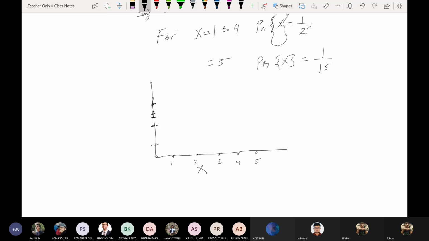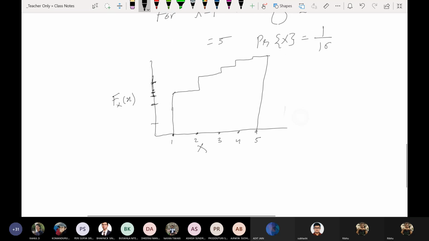So the CDF will be this, then this, then this, then this, and then finally this. This is how the CDF will behave.